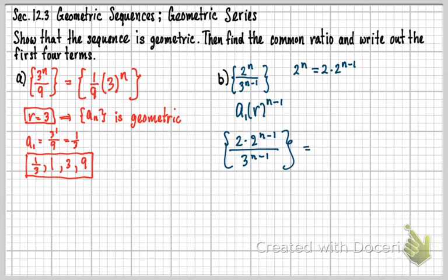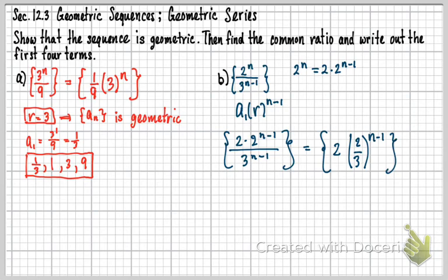And now notice that these are both to the n minus 1. And I'm going to have this 2 here. That 2 is going to end up being my a1. So what this is going to give me is a 2, and for 2 to the n minus 1 over 3 to the n minus 1, I'm going to get this.